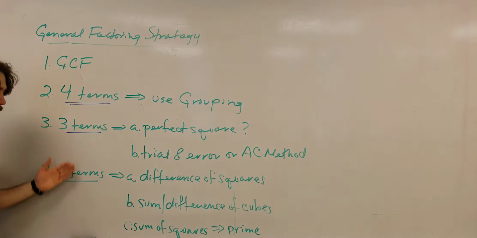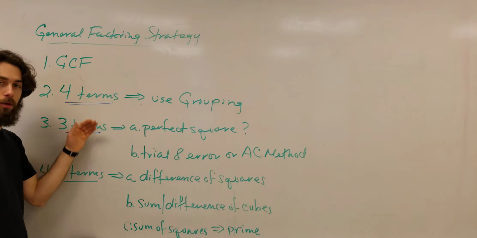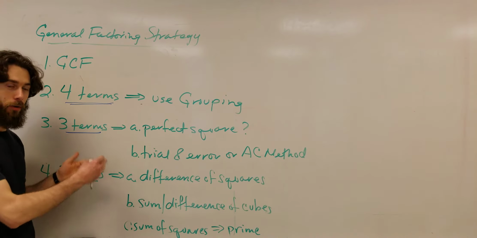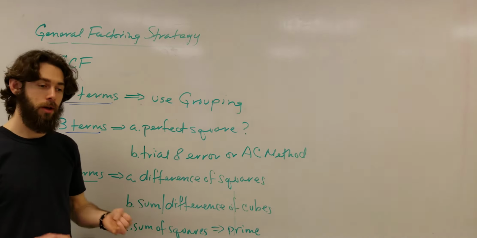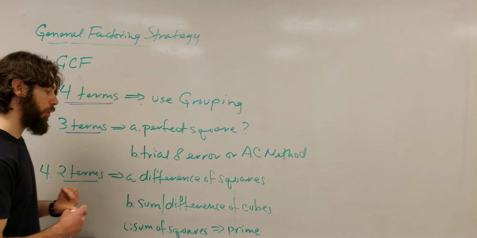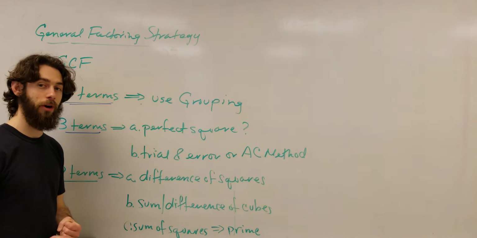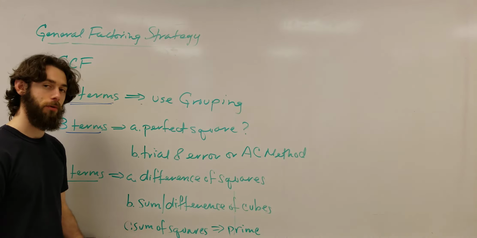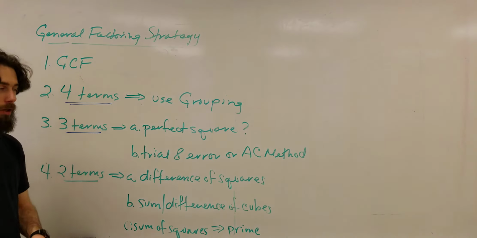So once you run through all these options, you want to go back and start at the beginning on each factor and repeat until they're all prime. That's until the highest power of x is 1, or you may have an x squared in there, but it's in a sum of squares. Okay, so that's the general strategy.